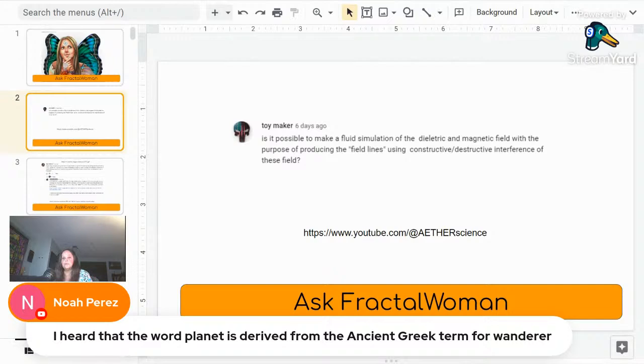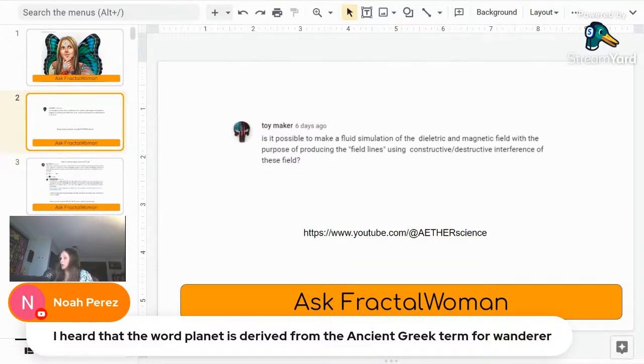Because they would go retrograde. Mercury goes retrograde. All the planets go retrograde. Retrograde just means that they look like they're moving backwards in the sky from our perspective. So again, that's where we need to think about how we perceive things, because the planets are going around the sun, just like the Earth is going around the sun.